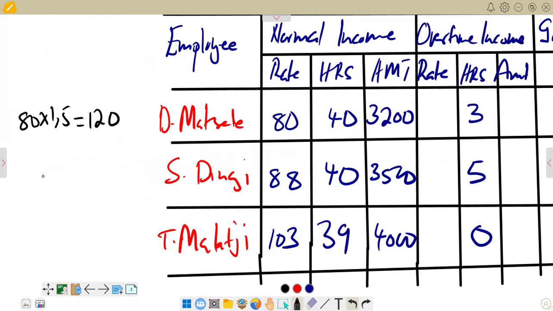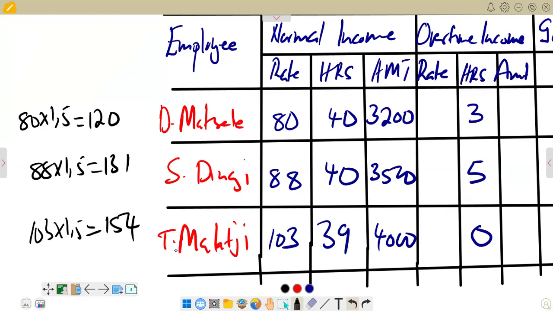And then for SDD, we're going to say 88 times 1.5, and the answer that we're going to get is 131. Then the last one is Malachi. We have got 103, and then obviously we multiply by 1.5. So the answer that we're going to get there is 154. So these are the rates that we have for overtime.